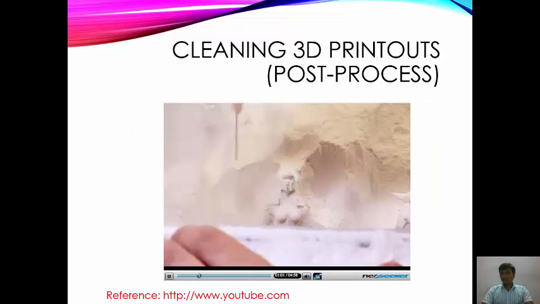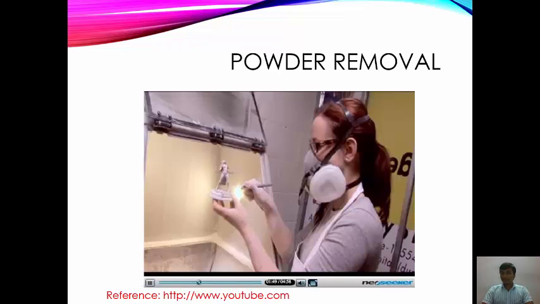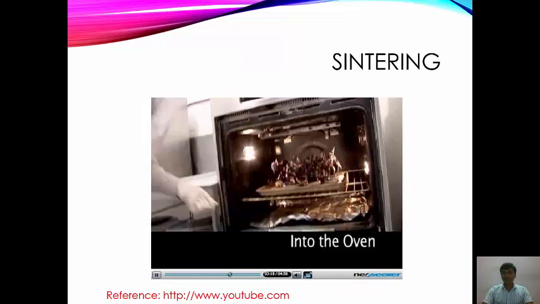And the post-processing in this step is cleaning the 3D printouts, where the excess powder is removed by the application of a blower, air blow or water blow. And the minute excess powders can be removed using a brush by hand. The next step in this process is sintering, where the grain structures are formed together, and it is sintered in an oven.